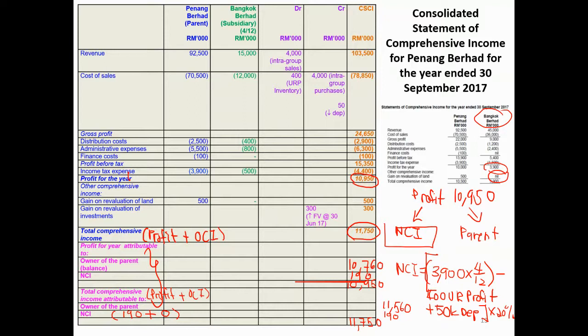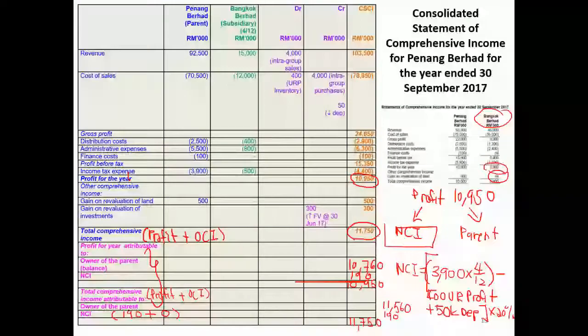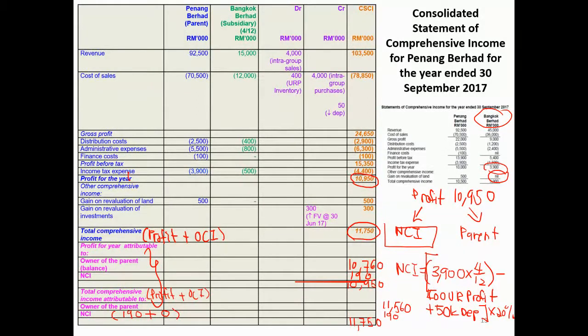Okay, Miss, the calculation for NCI, first we need to minus the unrealized profit and depreciation. Yes, correct, Silman. The unrealized profit, is it because we took 3.9 million from the question? Yes.